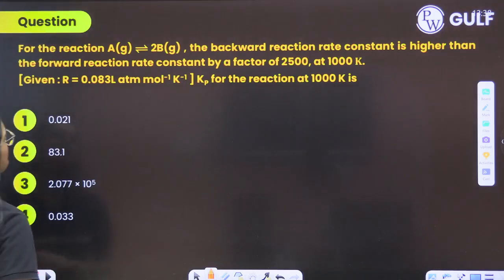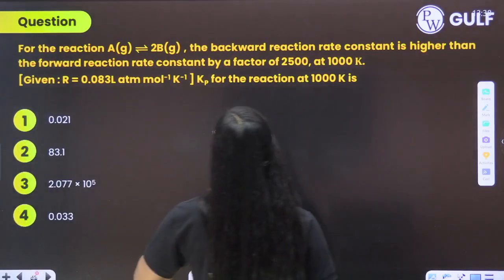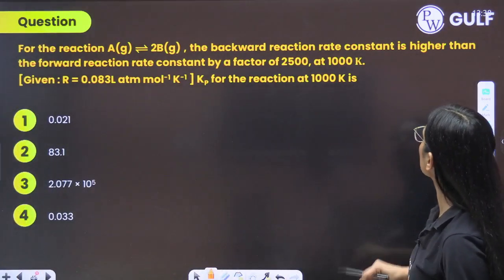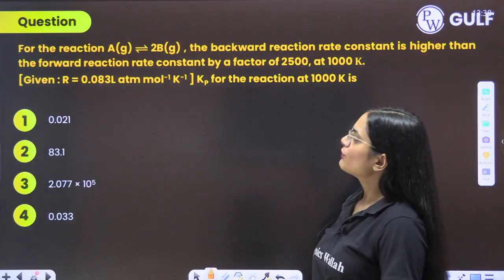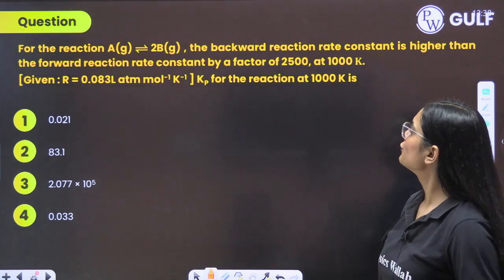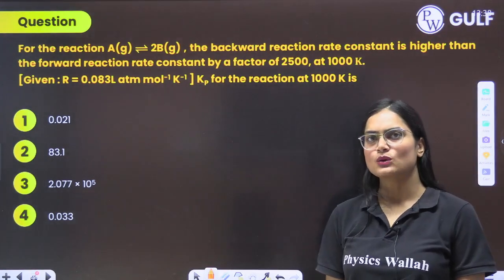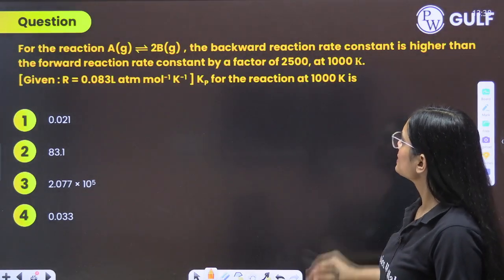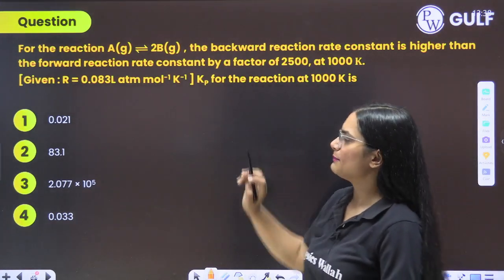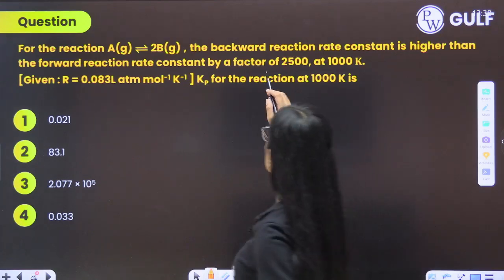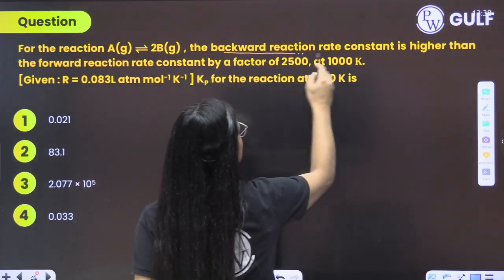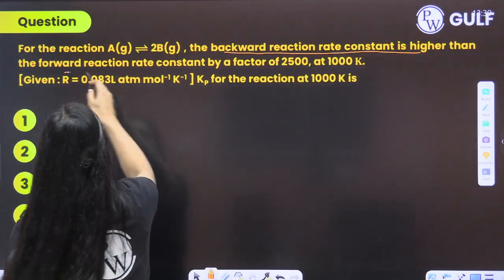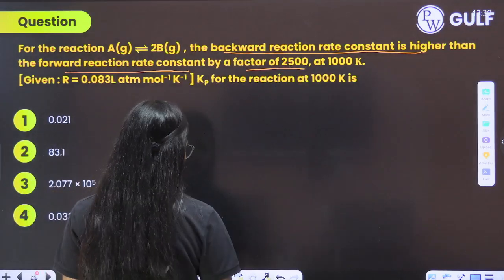Second last question. For the reaction A converting to 2B, the backward reaction rate constant is higher than the forward reaction rate constant by a factor of 2500 at 1000 Kelvin. The R value is given for the reaction. You have to find out Kp. Let's write down what they have given. They are saying the backward reaction constant is higher than forward by a factor of 2500.